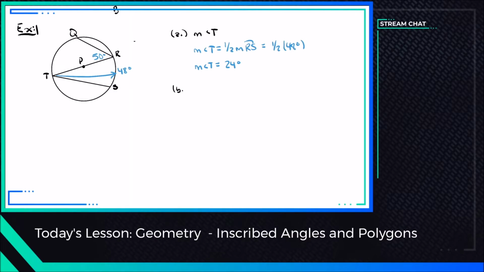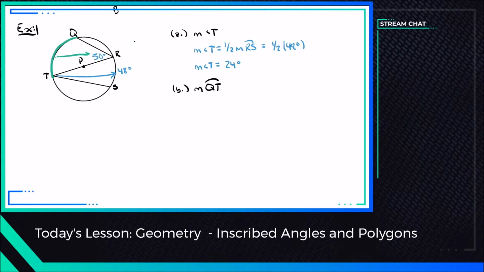Next, why don't we try to find the measurement of arc QT? In my notes I said QR, but we can't physically find that. So QT is going to be this arc right here.